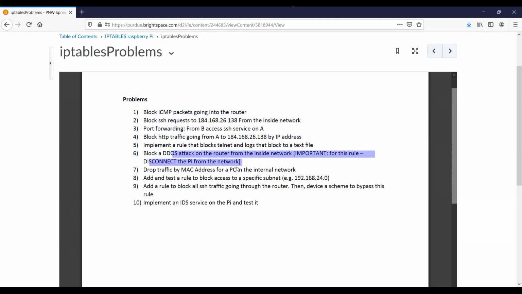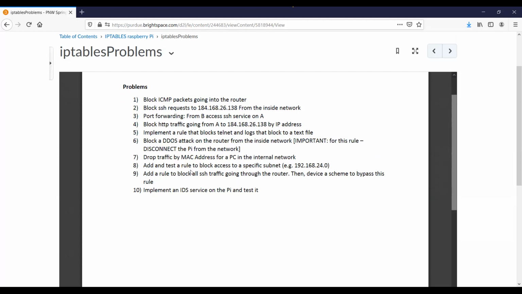So that's not possible, but that's not an issue. You're at home. Now, if you're doing this at a cafe or something, just be mindful, be careful with that. So again, in this rule, you're going to block a DDoS attack on your VM or your device. So you need to think of the rule for that.